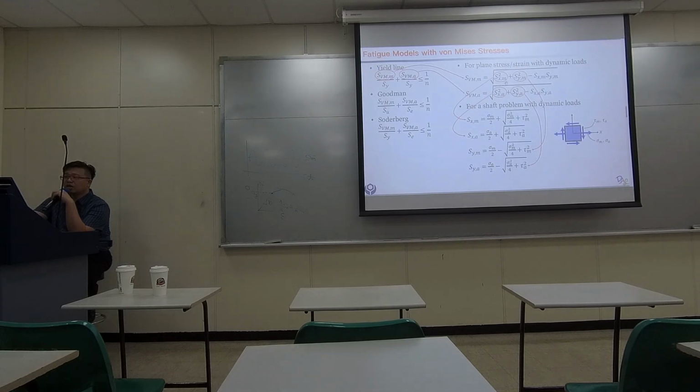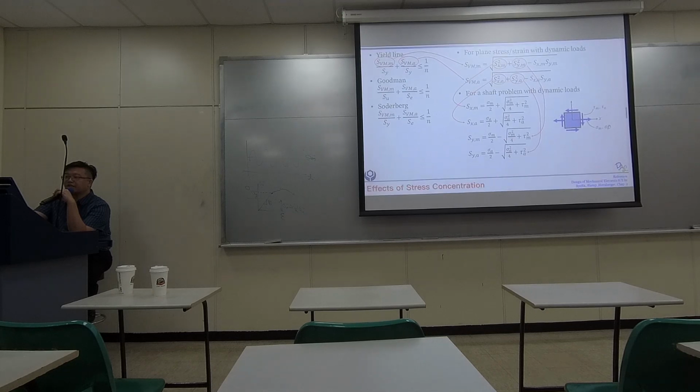So you just need to compute the mean of each principal stress by the mean of sigma and the mean of tau, and also compute the amplitude of principal stress. You use the amplitude of the sigma and amplitude of tau. Okay?